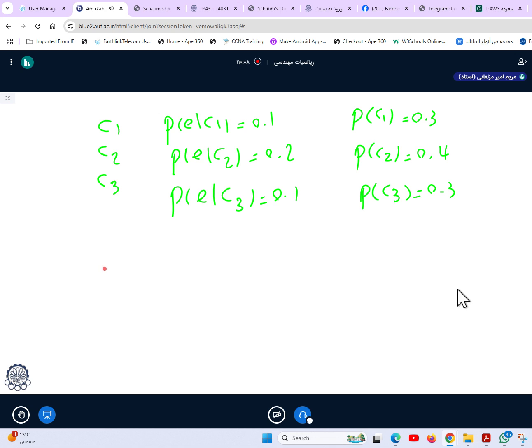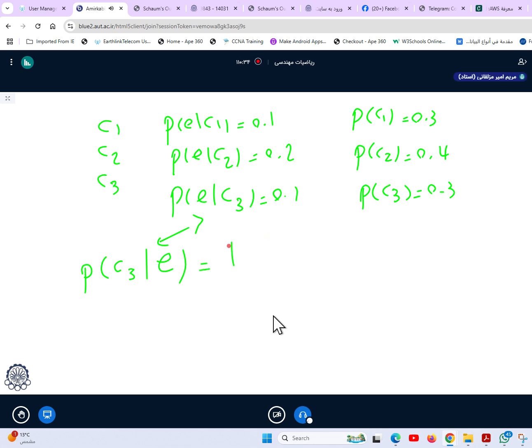What we want is the probability of class 3 conditioned on error. It means that we know that we have an error, and we want to compute the probability of class 3. In such a situation, we should think of Bayes theorem because we switch error and class 3 here.